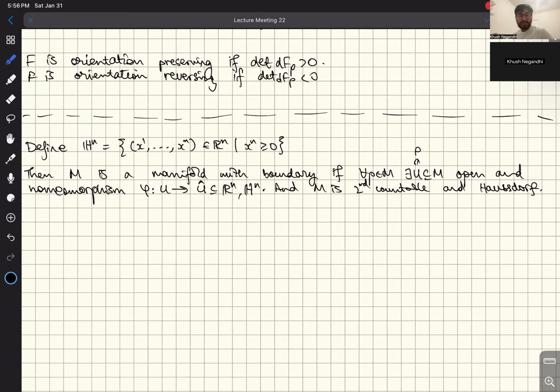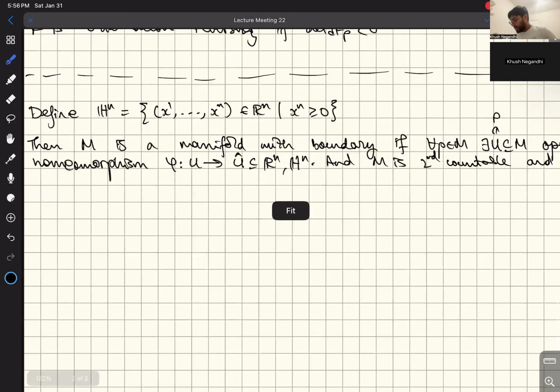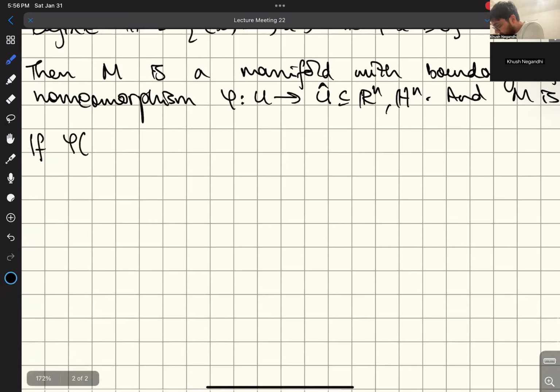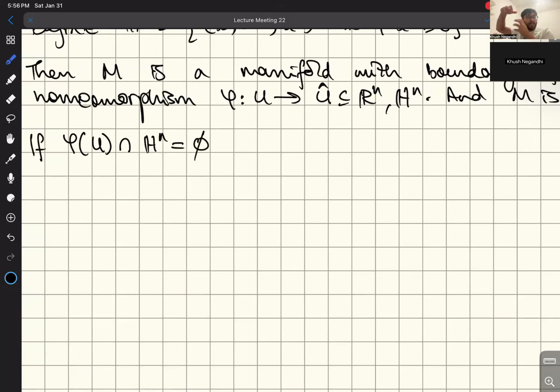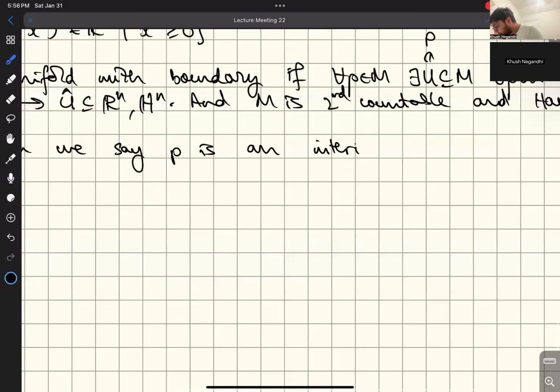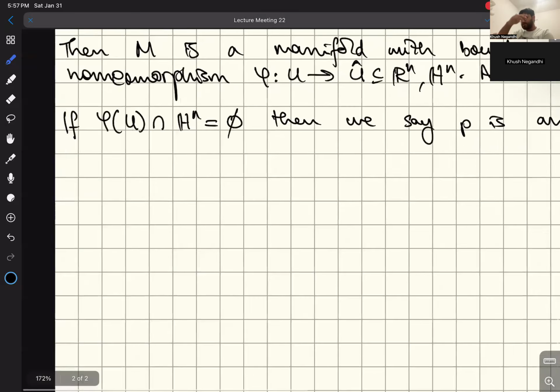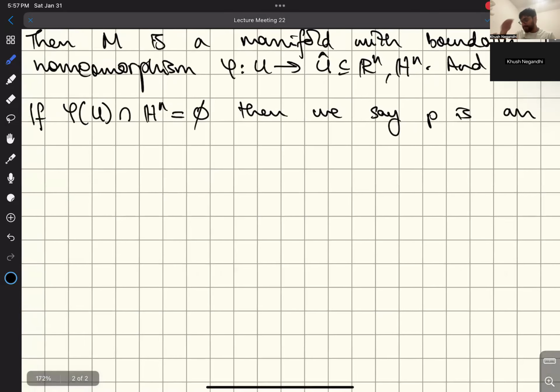Okay. Now if phi of U intersect H^n is empty, right? Then this subset is just an open subset of R^n. So then we say p is an interior point. Because it's not really a boundary point, right? Because we never had to use the fact that it looks like the upper half plane at any point.